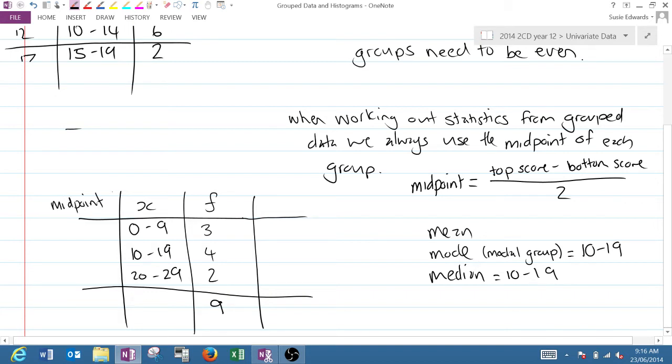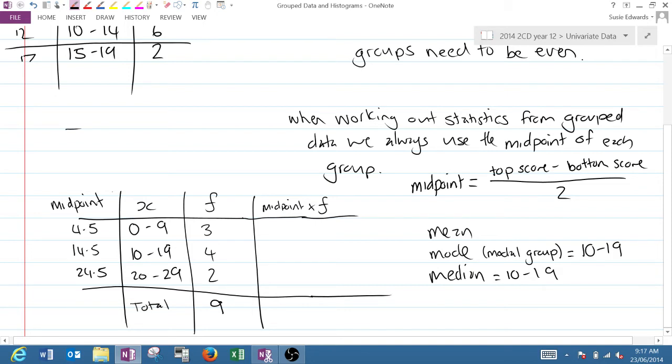0 to 9. What's halfway between 0 and 9? 4.5. 14.5. And 24.5. So, instead of using the score, the groups there, we now use the midpoint times by the frequency to work out the mean this time.